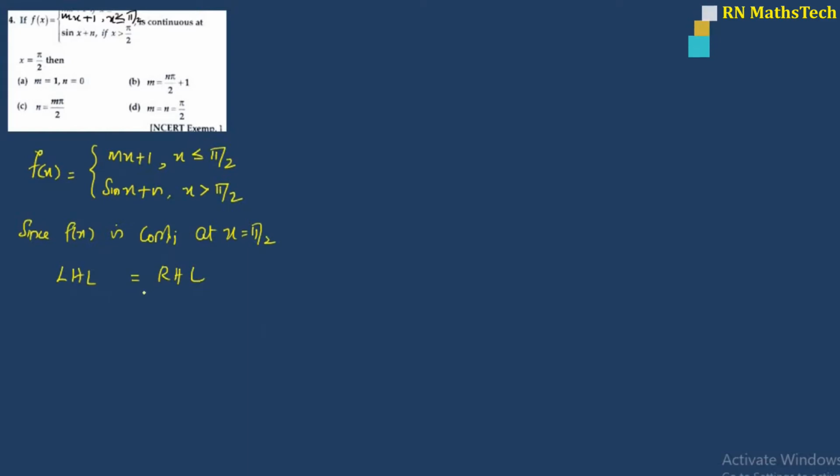That is, limit x tends to pi by 2 minus f of x is equal to, right hand limit, limit x tends to pi by 2 plus f of x.